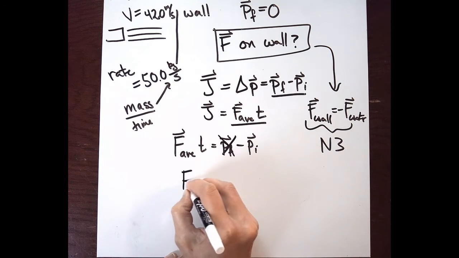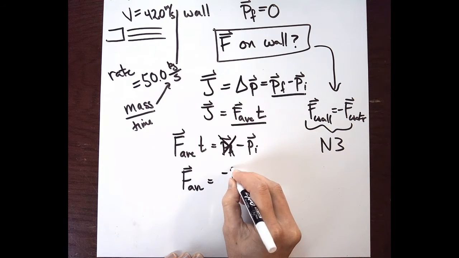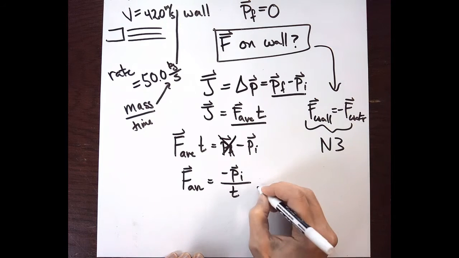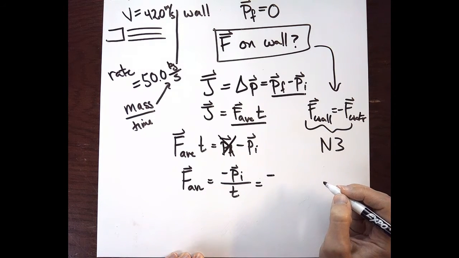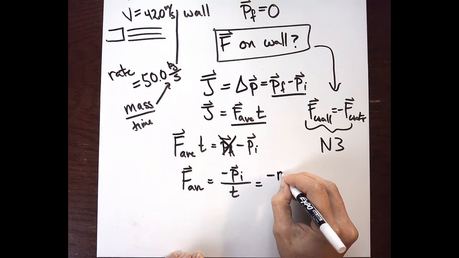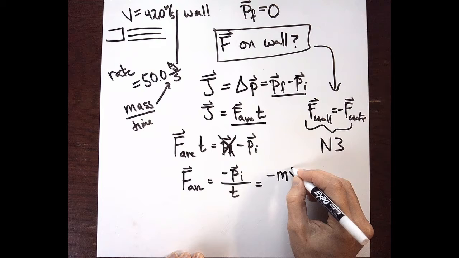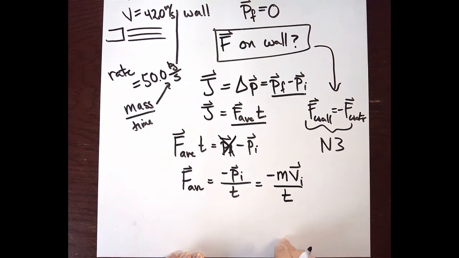So we want the average force. It's going to be the negative of the initial momentum over time. And the initial momentum, we plug in what momentum is. Momentum is mass times the velocity. So mass times the initial velocity, which is still a vector, of course, all divided by time.